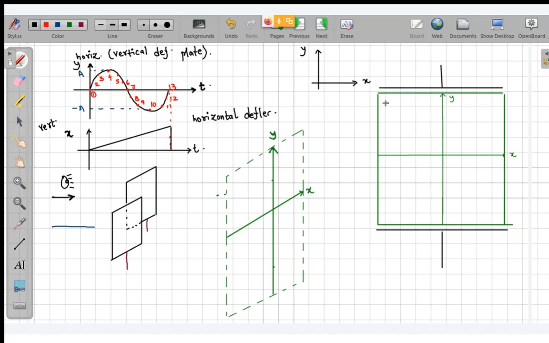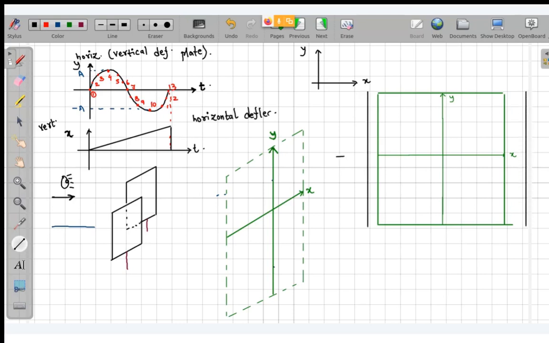Now when you see this horizontal deflecting plate from this side, what will happen? You are going to see it like this. Okay. Now I have given this signal.